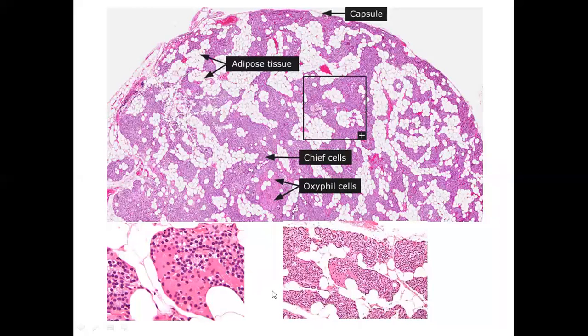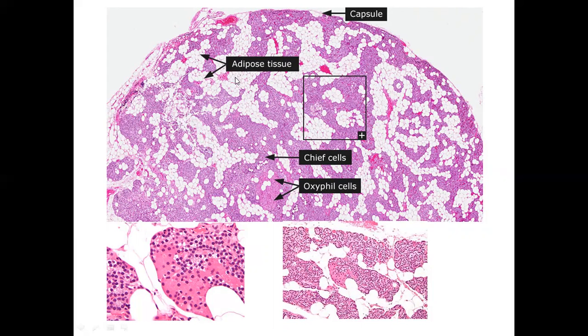Now, if you look at the panoramic view of this gland, it is covered on the outside by a thin connective tissue capsule which penetrates inside, and along with the trabeculae there is a lot of adipose tissue in this particular example, which is part of the stroma.